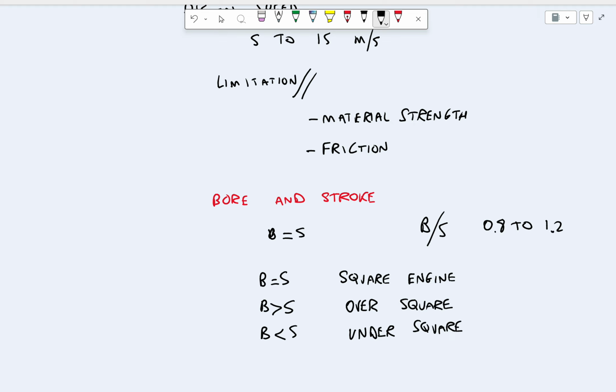Typically, a square engine would be a starting point, but then you can go into different directions to try and get some positives and negatives from it. Now, in the next video we'll talk about how we can find the displacement from the bore and stroke. And then if we start with a square engine, how changing the bore and the stroke can create some positive and negative impacts. We'll talk about them as we go.